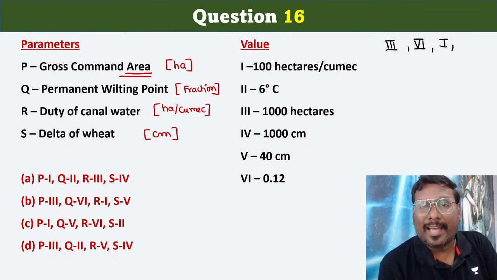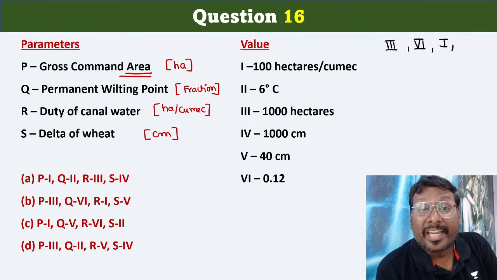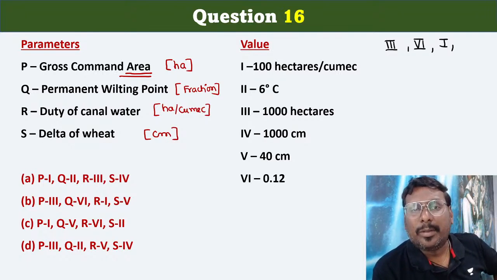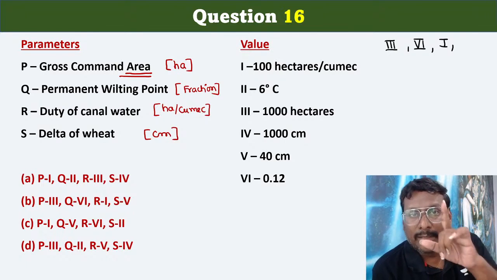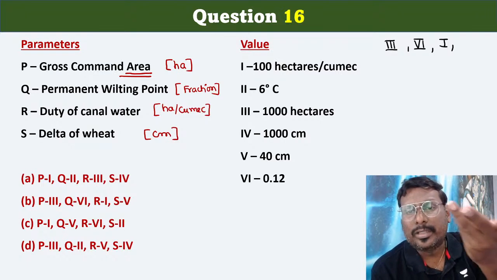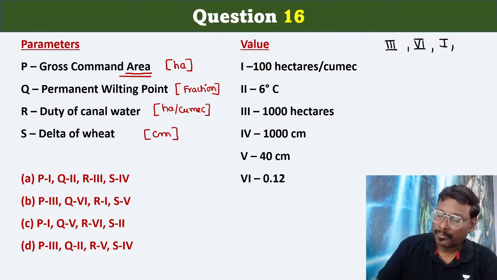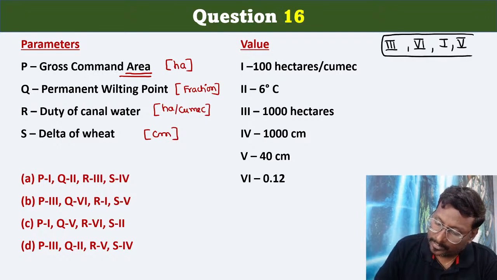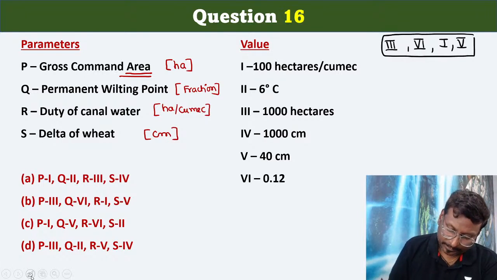Delta, there are 2 values. And for wheat delta we have given table. And what is maximum delta? Maximum delta 120 centimeter for rice. Not more than that. 1000 is not possible. So 5. 3415.